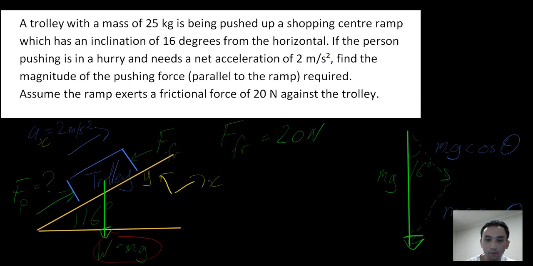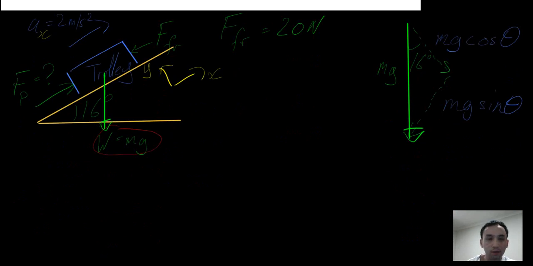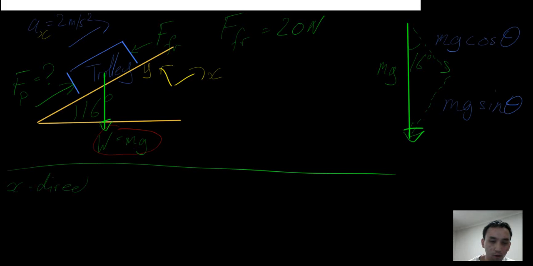So from here, maybe we'll scroll down a little bit, give ourselves a bit of room. We can start using Newton's second law in the x direction. So you can say the sum of forces in the x, just use a subscript there, is equal to mass times acceleration.